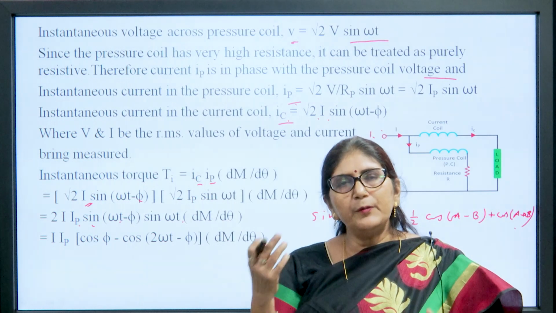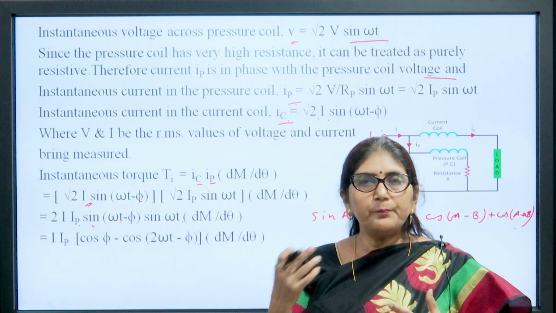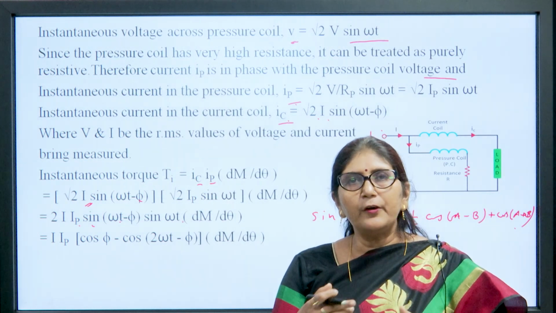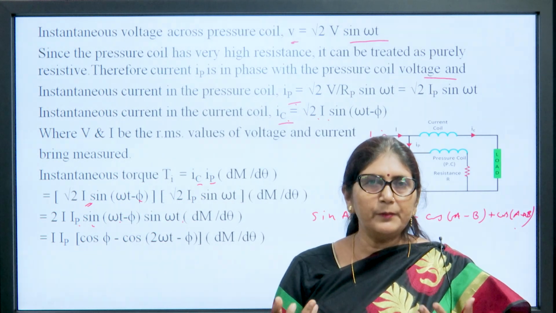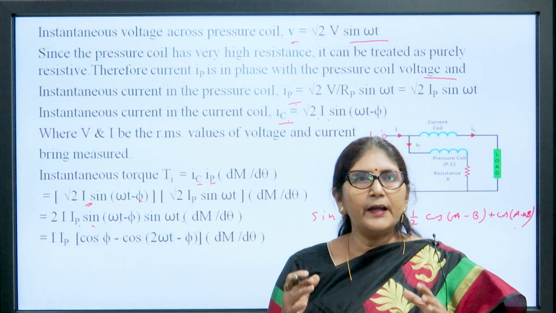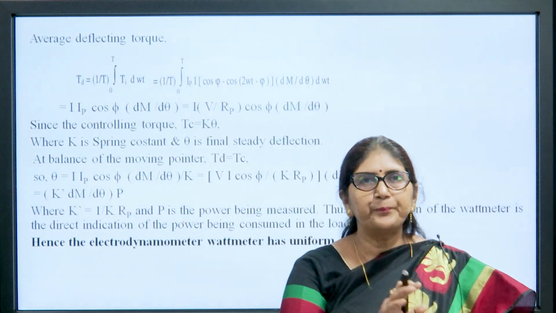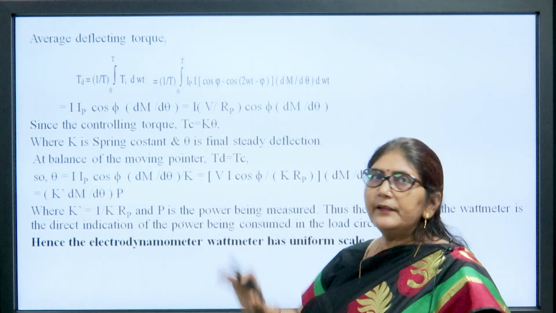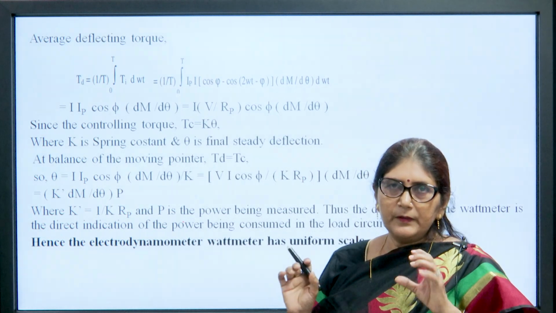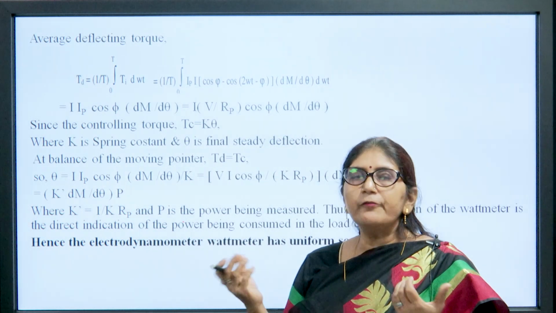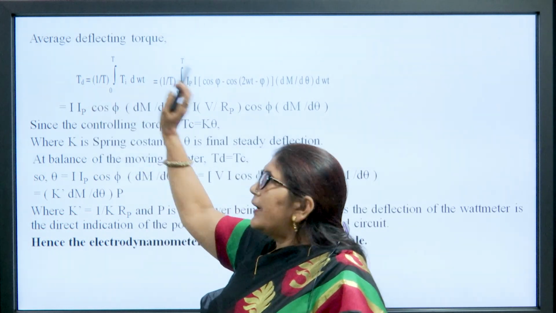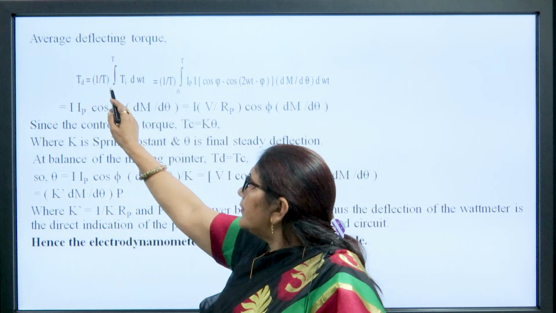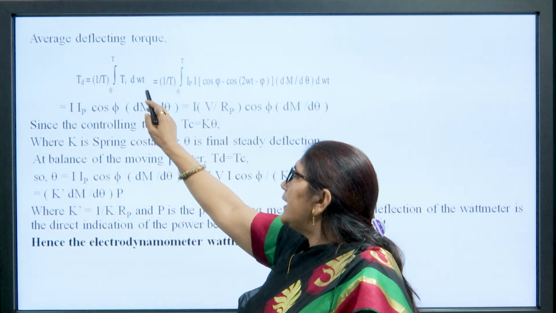If we measure the instantaneous power at any time, it will not give the exact value of the power. So, we are interested in the average power. We can integrate this over a time period, for one cycle. So, here integration is done for the average deflection, Td is equal to 1 by T, integral from 0 to T of Ti d omega t.